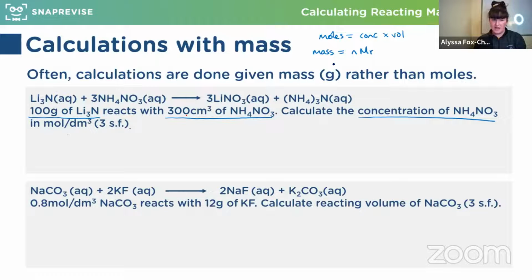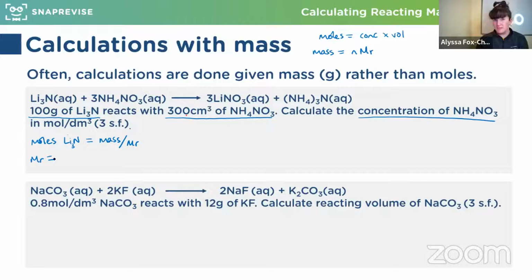We know that mass is equal to the number of moles times the molar mass of that thing. We've got 100 grams of lithium nitrate. So if we wanted to work out the number of moles of lithium nitrate, that's equal to mass divided by Mr. The Mr of lithium nitrate, well, I haven't been given it, but I can calculate it, and I won't do it now because otherwise we'll run out of time.